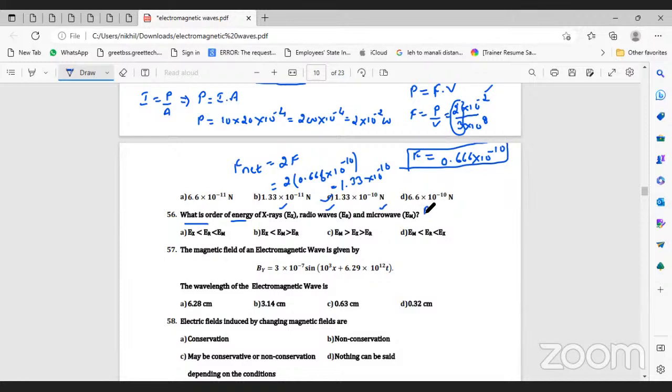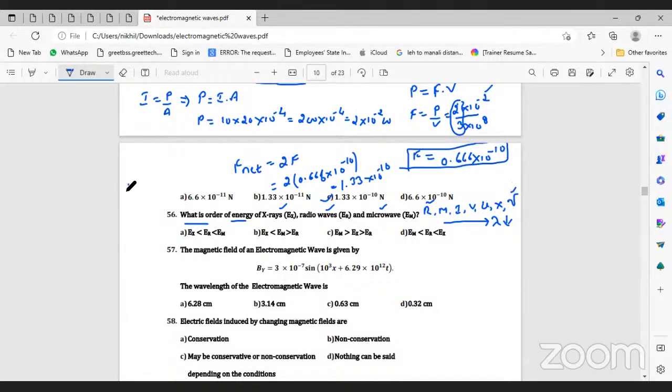You know that radio waves, microwaves, infrared, visible, UV, X-ray, gamma rays, this arrangement is in the decreasing order of wavelength. As we move from radio waves to gamma waves, the wavelength will decrease.